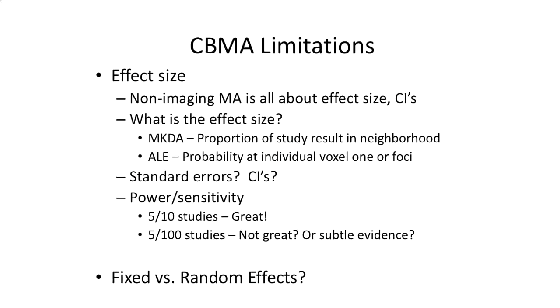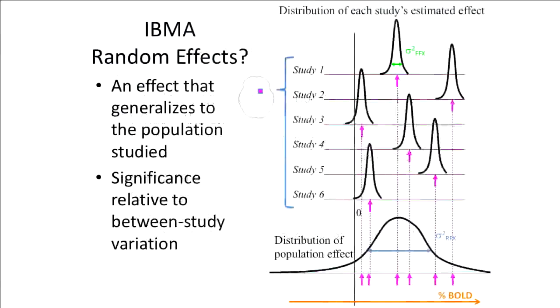Now, one thing is that the traditional methods are what I would call fixed effects as opposed to random effects. So what do I mean by that? If I borrow a slide from my usual educational slides when I'm talking about fMRI, now I'm not talking about location in the brain, but just a brain response. If this x-axis here is the percent BOLD change, a fixed effects analysis is only considering the uncertainty within each subject.